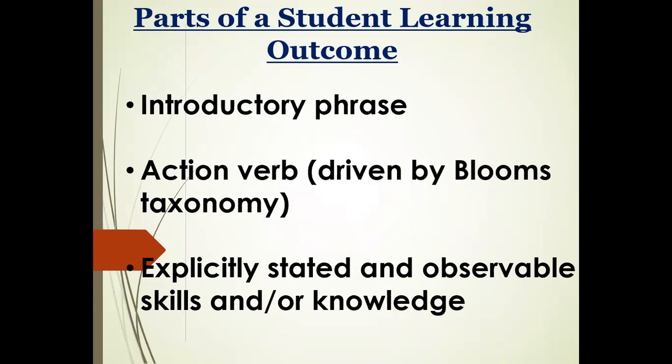That means they must demonstrate an understanding. What are they demonstrating? An explicitly stated observable skill or knowledge: why Ghana used to be called the Gold Coast. So this is a learning outcome.